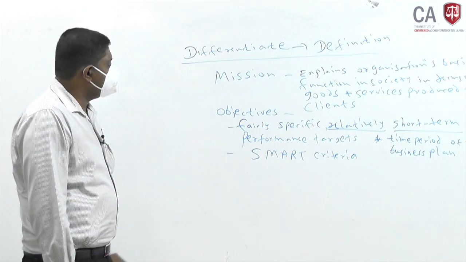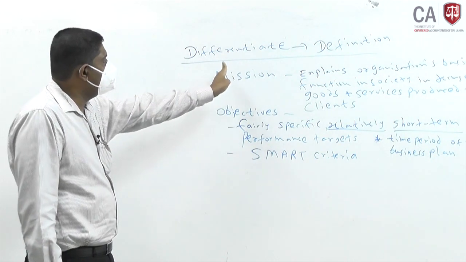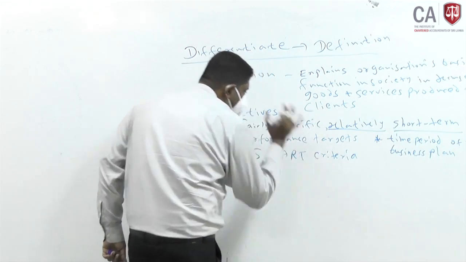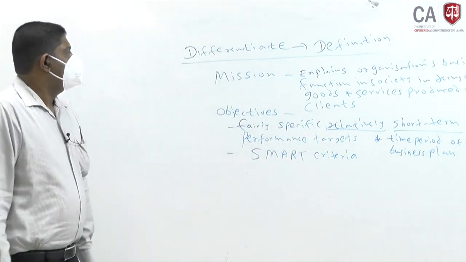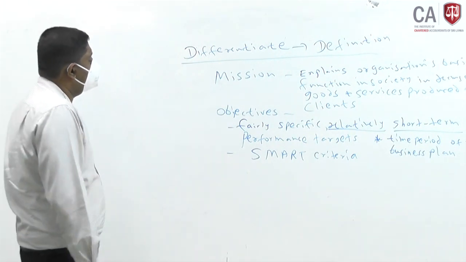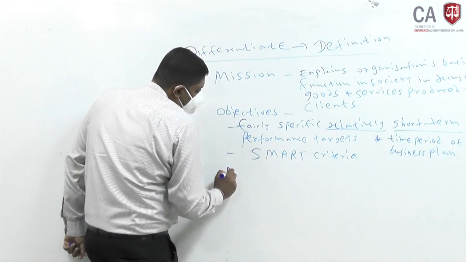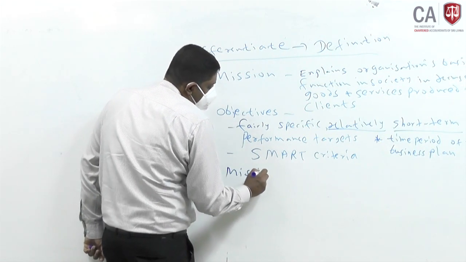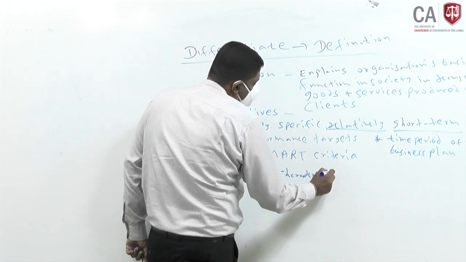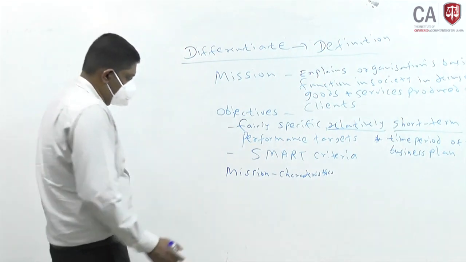Then, your examiner asks you to differentiate. You define what is mission, you define what is objectives. Then you can provide more information if you want, right. For example, what are the characteristics of missions, similar to the SMART criteria mentioned.